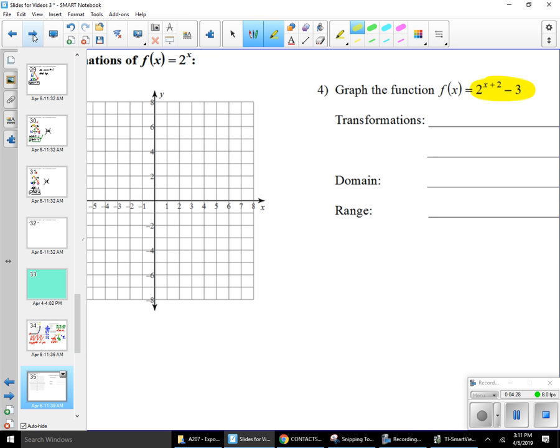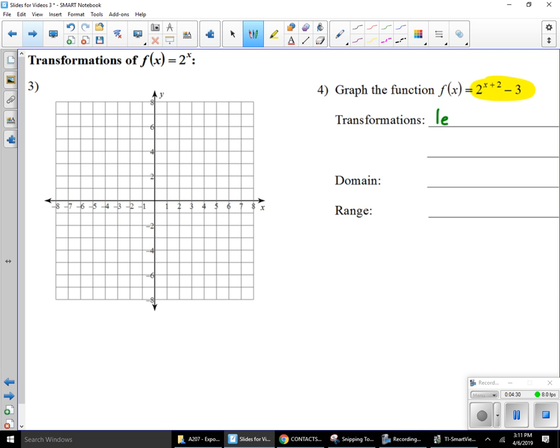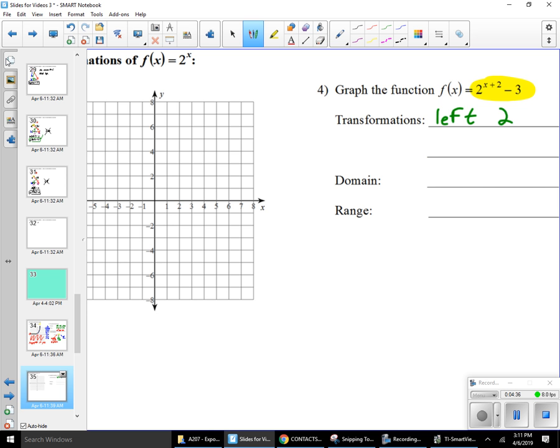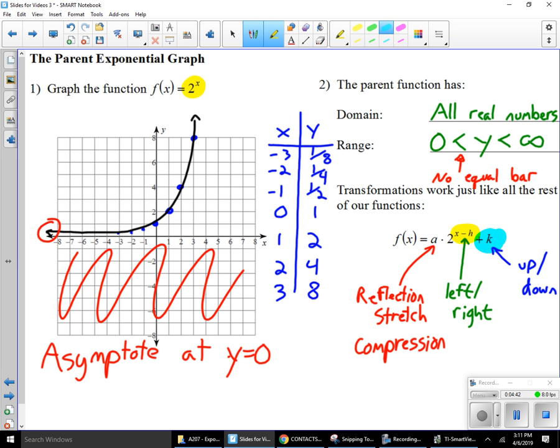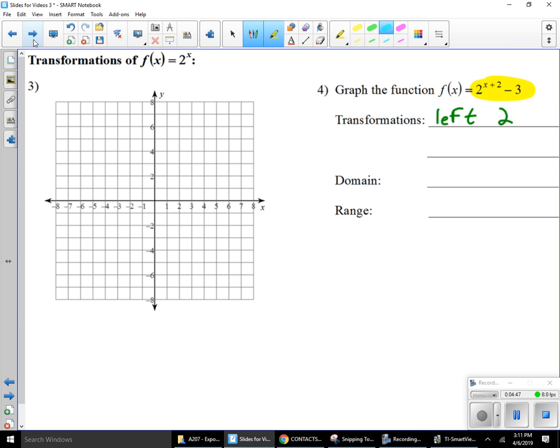It's a +2, so we're actually moving to the left 2 units. We also have that -3 on the outside. Again, that -3 is an up and down value because it's outside of the exponential. It's tacked on at the end there. And that works the way we expect it to. A -3 is going to take this thing down 3.